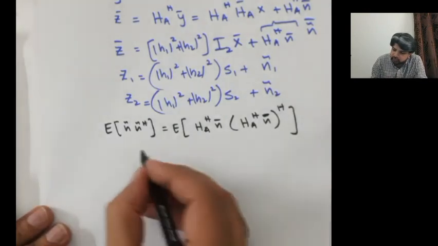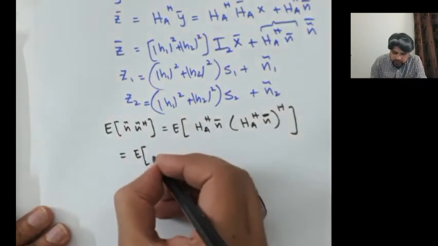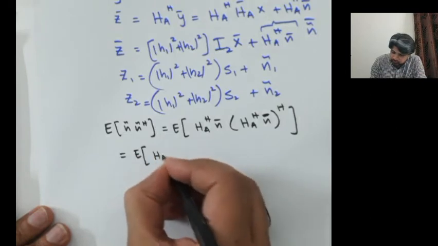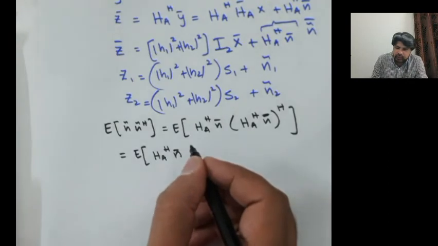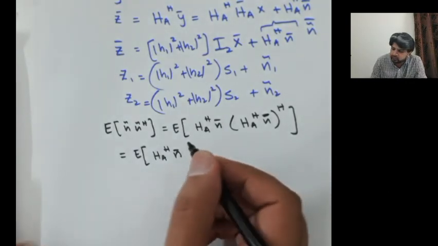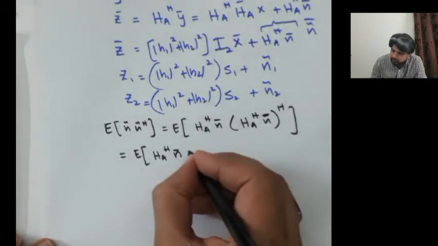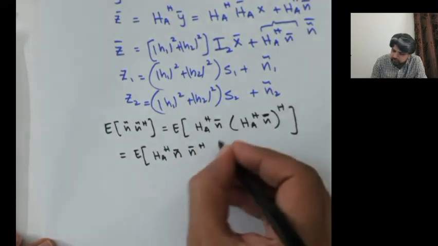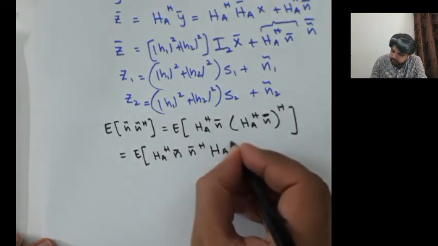And this you can write as the expected value of HA Hermitian times this noise vector. Remember, AB whole transpose is B transpose times A transpose. So you can write it as N Hermitian times HA Hermitian whole Hermitian, that would be HA.